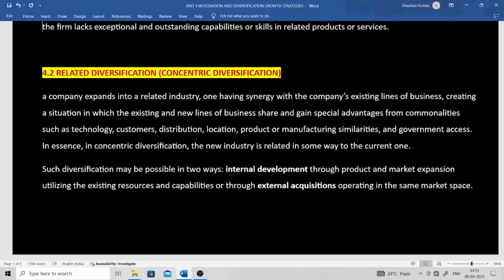If an organization gets such an advantage, then it is going to choose related diversification or concentric diversification.